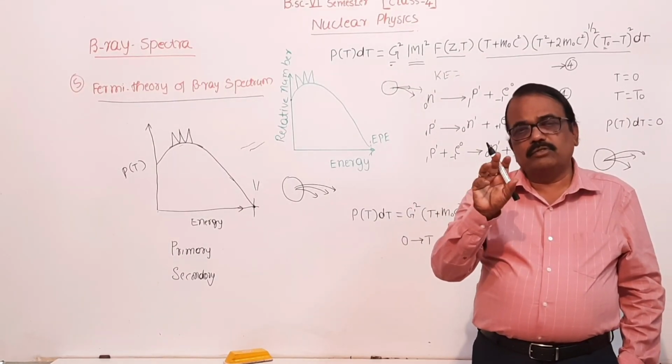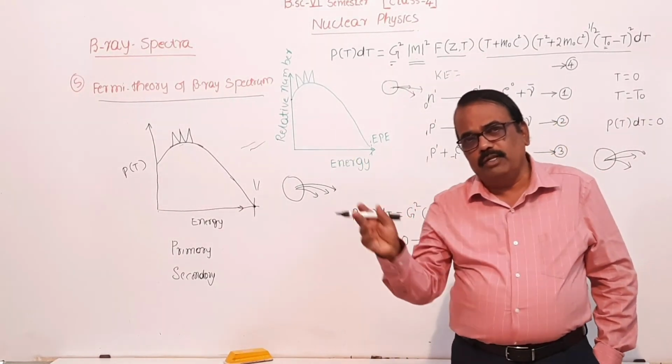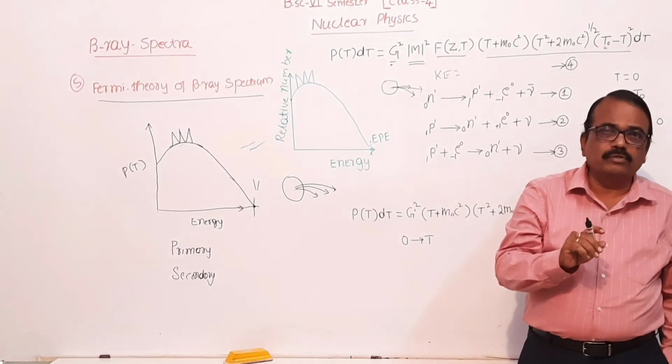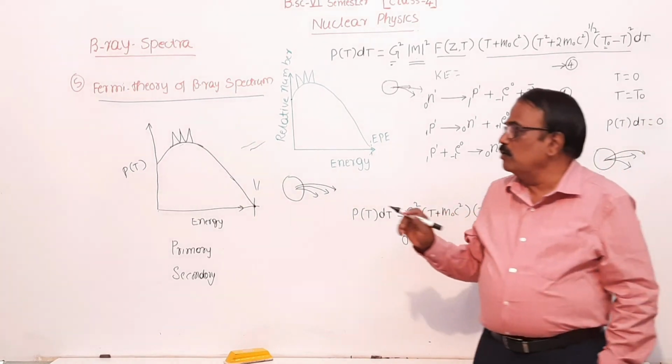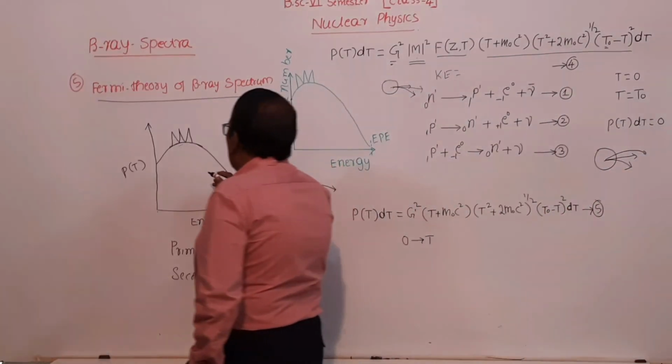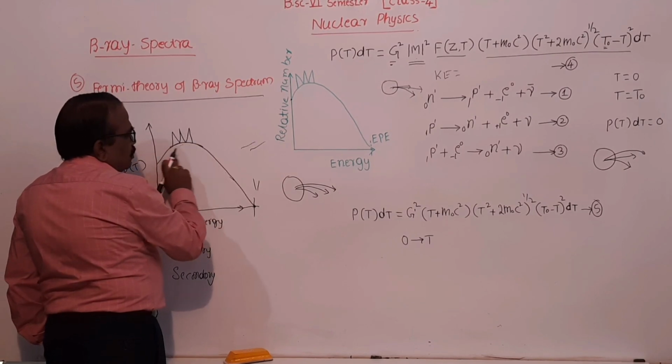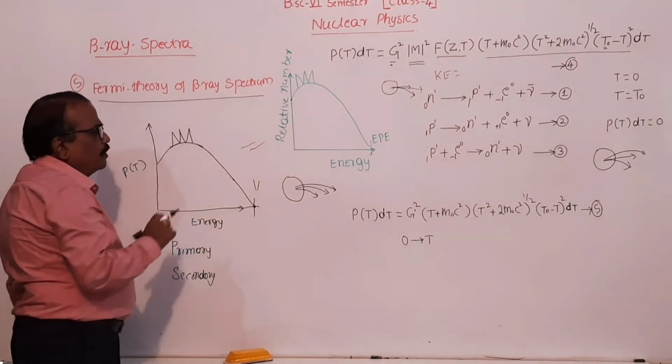Those electrons come out from the atom. They are called internal conversion electrons. They produce the line spectrum instead of the continuous emission spectrum.